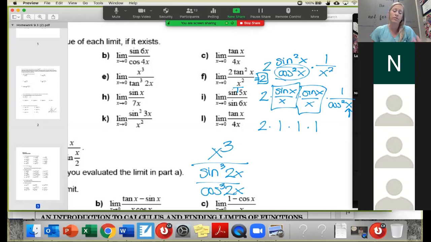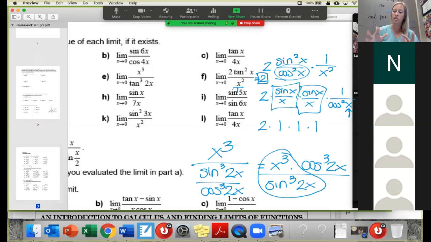Again, I don't like double fractions, so I'm going to flip and multiply, which means I'm going to have x cubed times cosine cubed 2x over sine cubed 2x. Again, I'm going to leave the cosine by itself.